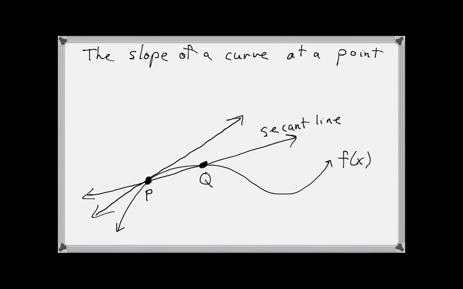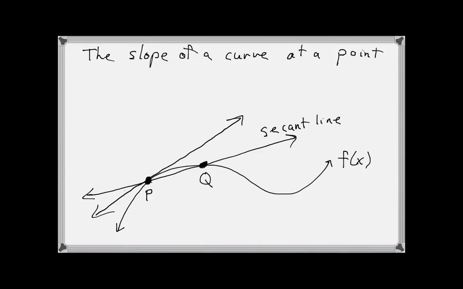Then we will investigate the slope of these secant lines as Q gets closer and closer to P. We will investigate the limiting value of the secant slope as Q gets closer and closer to P along the curve. We will clarify the word limit in future lessons.